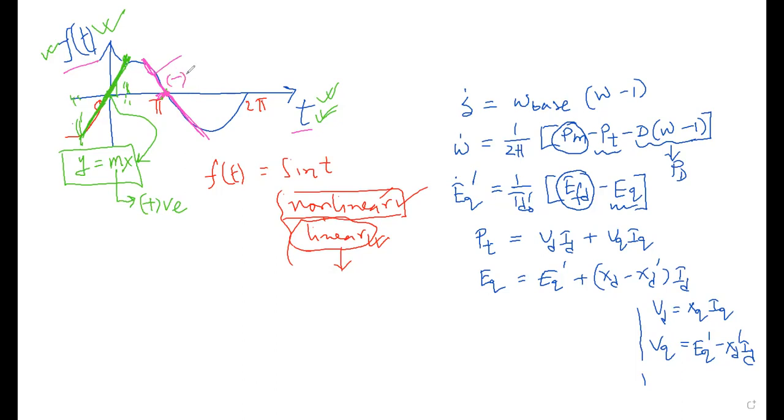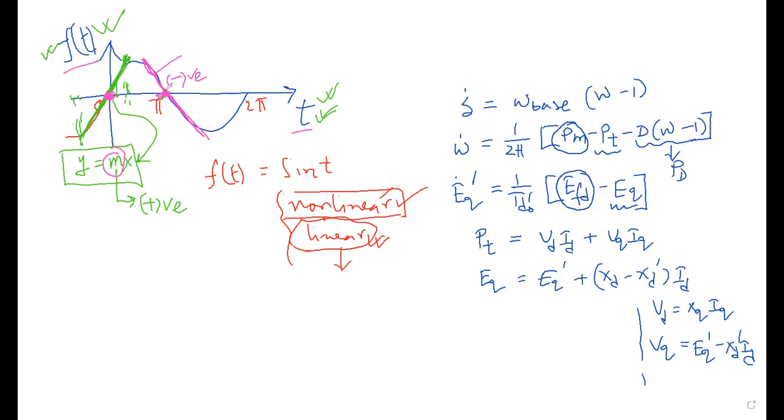You can clearly see, if I shift my equilibrium point from 0 to pi: at 0, I have a linearized version of f of t, but with a positive slope.